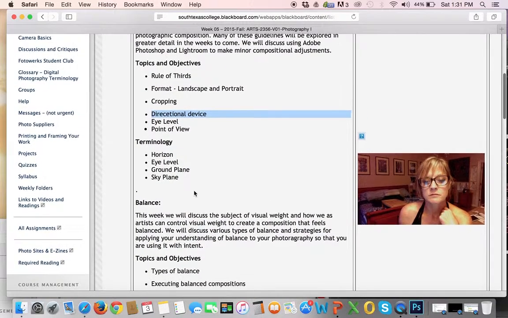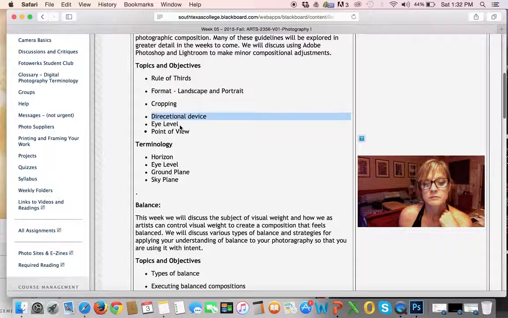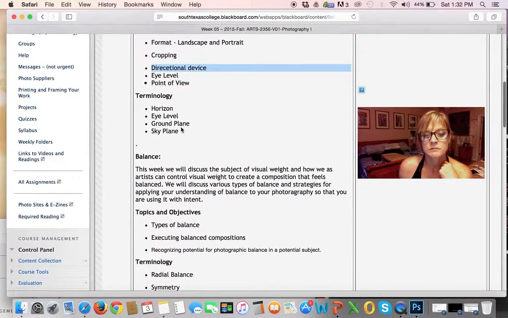A lot of it's kind of redundant, but I wanted to use rule of thirds, talk about making the choice between a horizontal or a vertical format, paying attention to where you are in relation to your subject, because if you move, of course the subject and everything else moves in your frame. I need to put the word focal point in there. A focal point is like an area of emphasis, like your most important area.